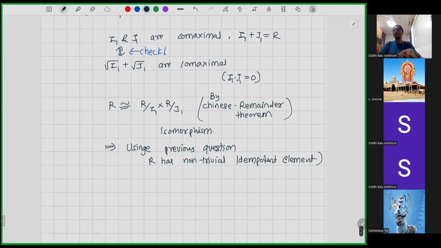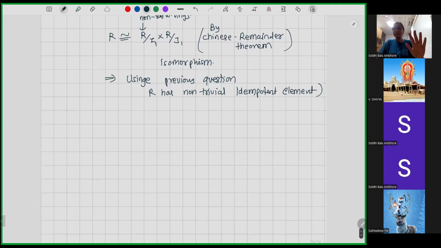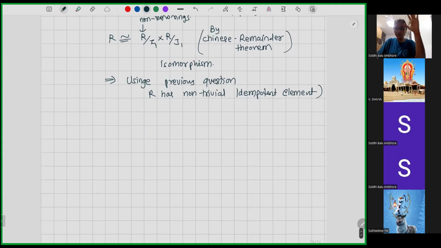So these two are non-zero rings. So this is true. And the converse, as pointed out by Shubhadeep, is trivial since it has a non-trivial idempotent element.